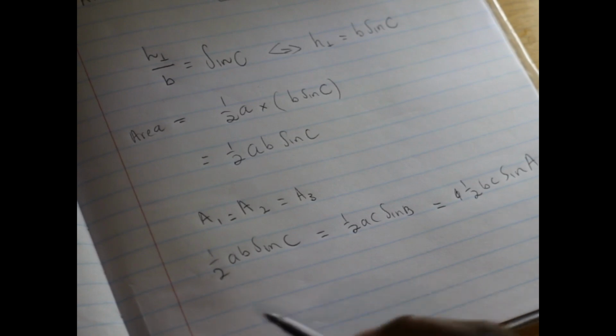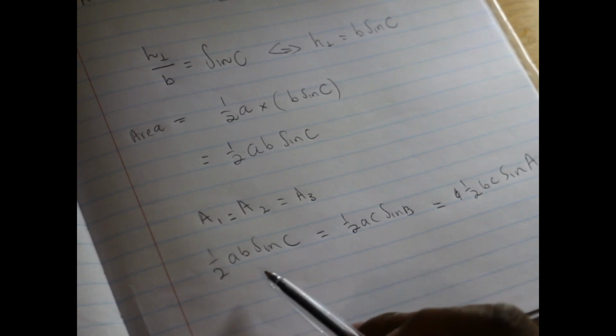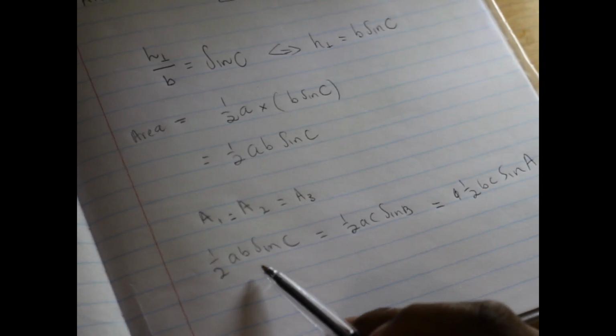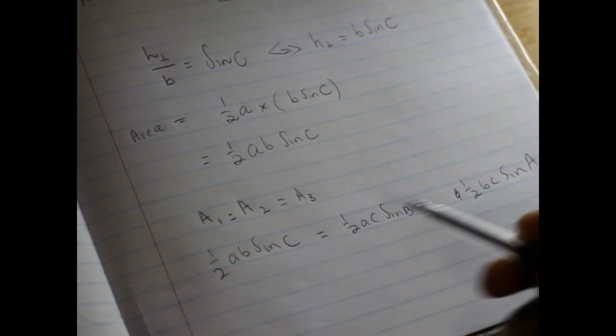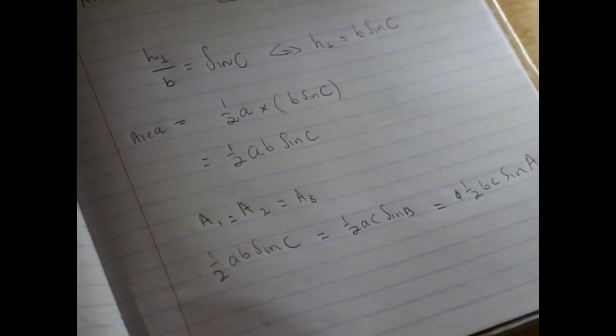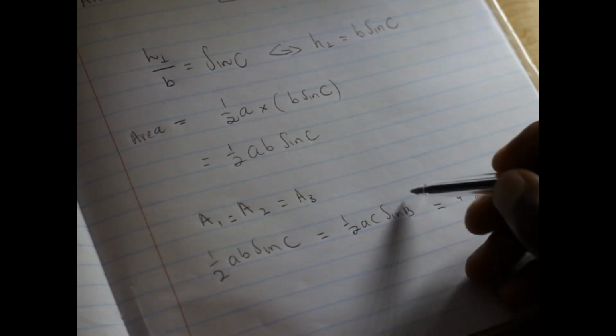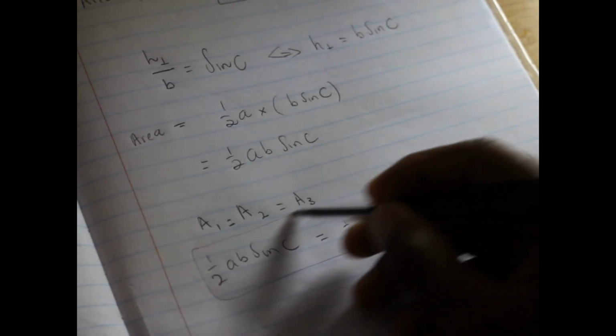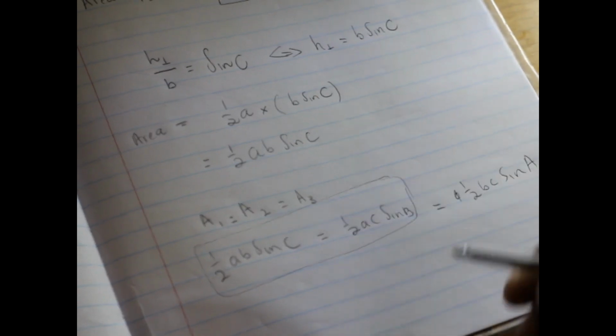You can see that 1 over 2 is common throughout. We can deal with 2 pairs at a time, in other words, we can just focus on this for now and simplify that.